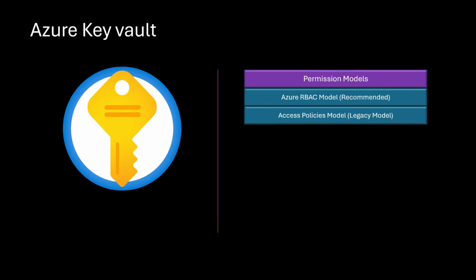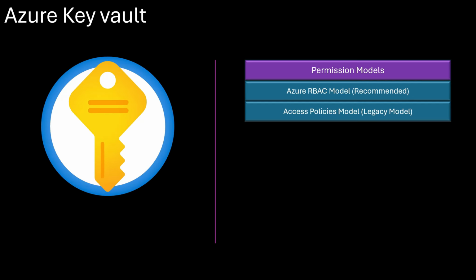To protect your secrets, keys, and certificates, Azure Key Vault gives you two permission models to control access permissions. They are the Azure RBAC permission model and the access policies permission model. Azure RBAC model is the recommended model.